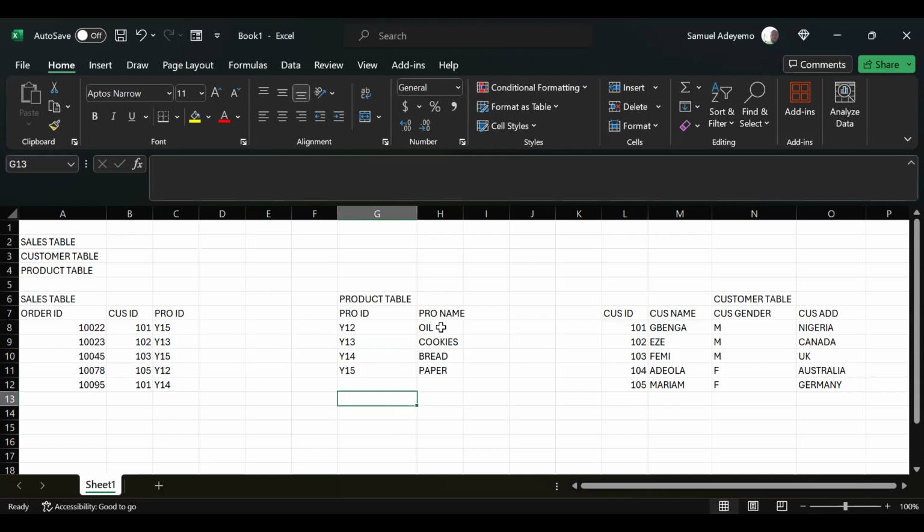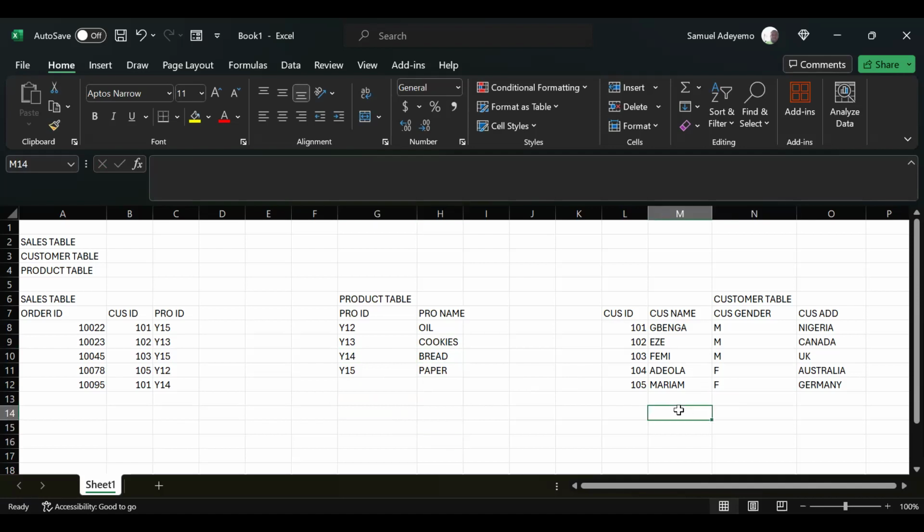That is, oil is Y12, cookies is Y13. So it means that cookies will not have 2 different IDs. It will only have 1 unique ID because on its own, it's a unique product, right? Bread itself has its own unique ID, Y14. Paper has Y15, right?